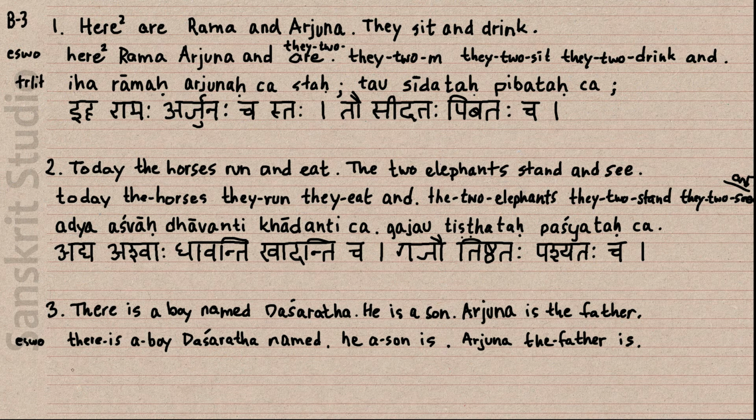Okay, and now, so we have asti here in the initial position with the existential force, and then we have a boy, which is balaha.